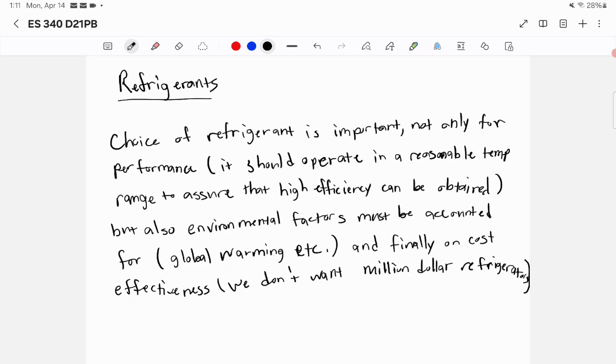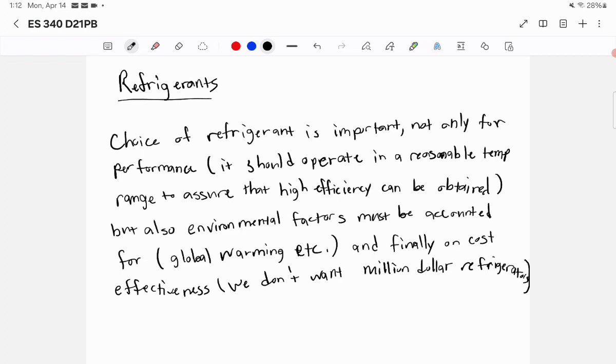But obviously, we would like to take into account the warming potential of these gases that might be leaked into the environment. And as I mentioned, there are other environmental hazards associated with these refrigerants. So that's another factor that we have to keep in mind when we're choosing such systems.